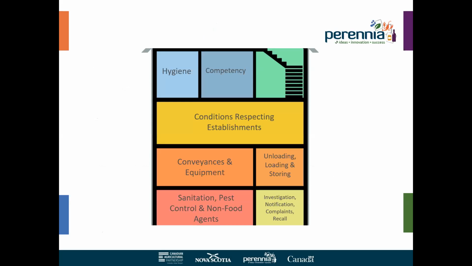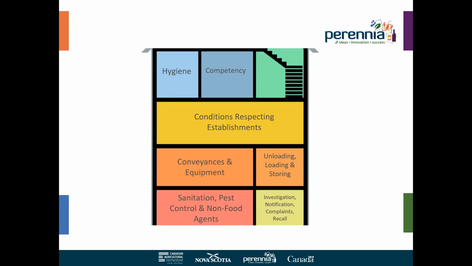Also, these are the preventive controls as far as Safe Food for Canadians goes. So you have hygiene, competency, conditions respecting the establishment, conveyances and equipment, unloading, loading and storing, sanitation, pest control, and non-food agents, and then investigation, notification, complaints, and recalls.